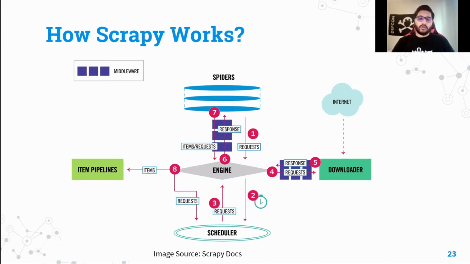Now the downloader simply downloads the HTML page and sends it back to the Spider. Now you have the HTML page. You don't need the full HTML; you obviously want some elements from it. So you take those elements and put them into items. In Scrapy, an item is basically a variable, like a dictionary or list, where you put all the HTML elements or data you got from the page.